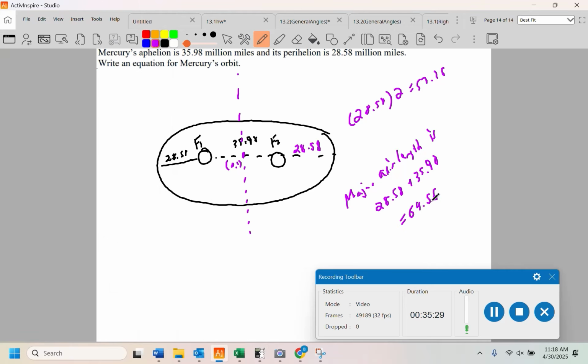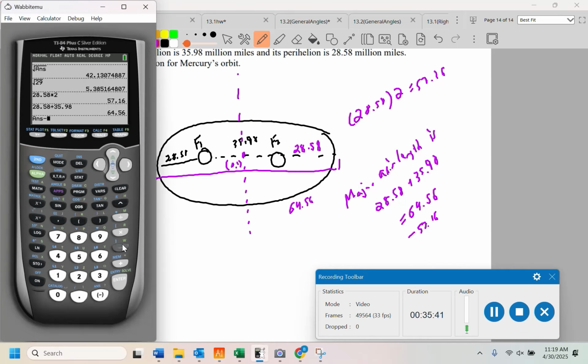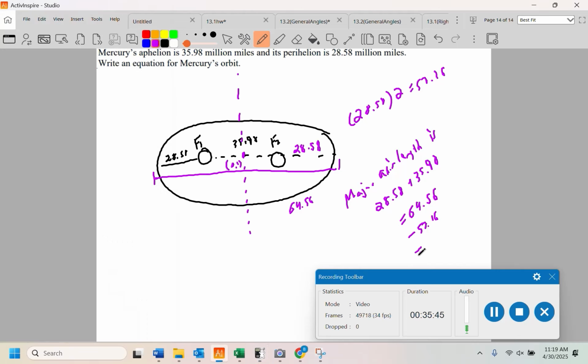All right, so all the way across is 64.56. If I take away the 57.16, I get 7.4, which is the distance between the foci. If I divide that by 2, I discover that the foci are 3.7 million miles from the center.